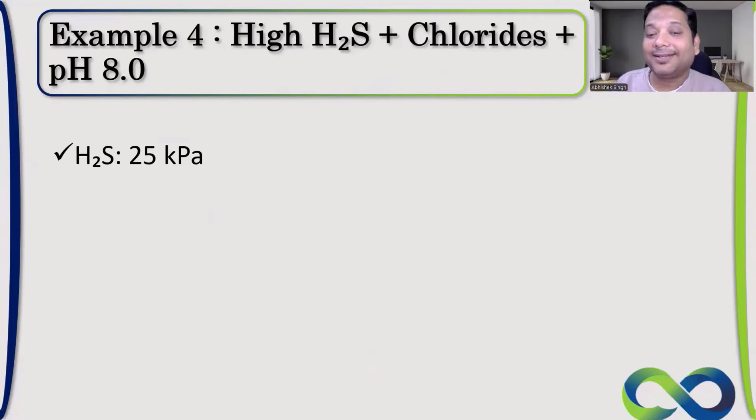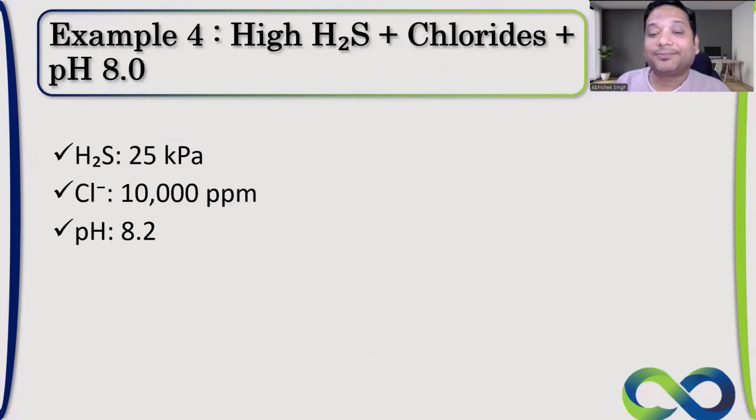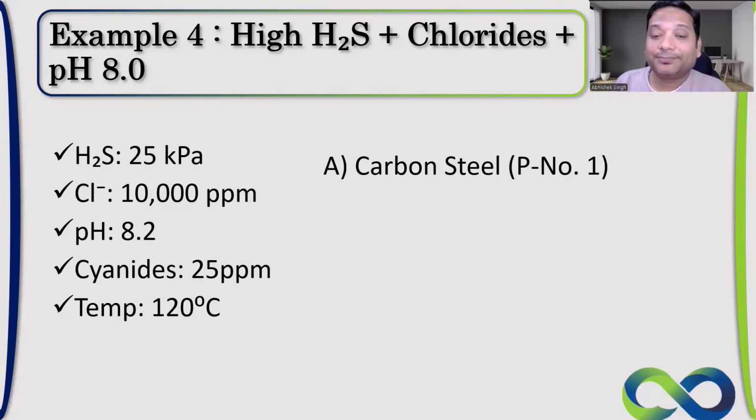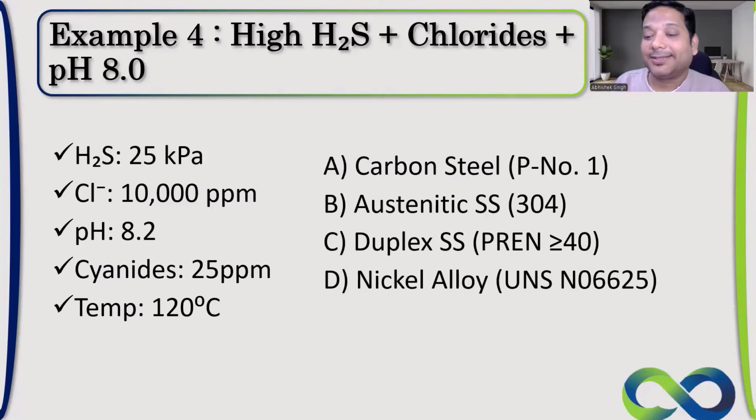Now the final one, from 20, I have just changed to 25 kPa. Chloride even, I'll bring down to a lower value. There may be cyanide also. Okay. Then what you'll be using is nickel alloy. Okay. Because cyanide, the nickel alloy is the material which is comfortable, because for high pH value and cyanide, that is a no-no for carbon steel.